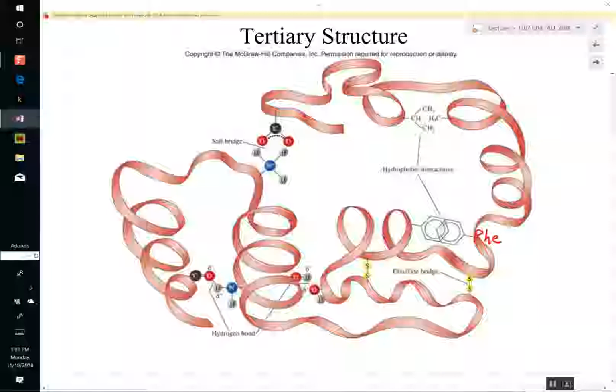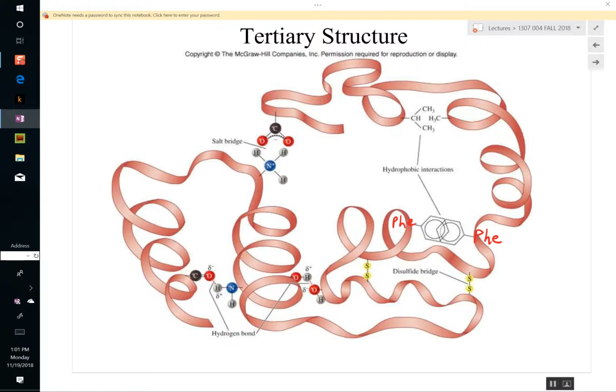These would be phenylalanines. Phenylalanine, what's the R group? It's a benzene ring, and it's nonpolar. So here you need a phenylalanine, and along here you need another phenylalanine to get that interaction in this protein molecule. So this is highly specific, what's going on here.